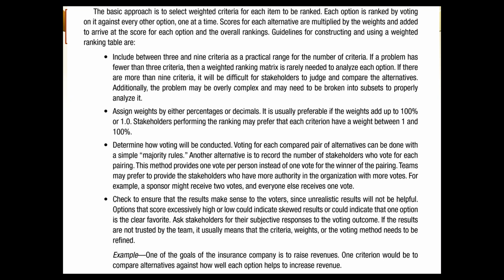Now if I have yet another option, I will compare the third option with the second option. So for option 3, maybe I give it 7 points, 7 into 3, 21. I give the second factor 5 points, 5 into 2, 10. Third factor, it gets 2 points, 2 into 2, 4.